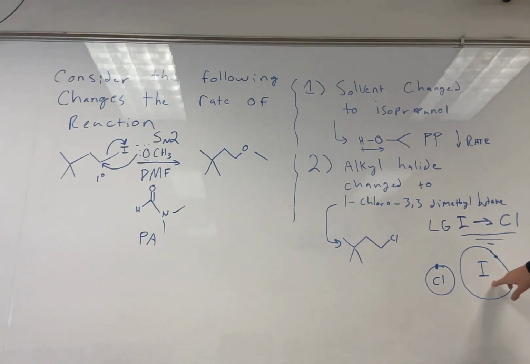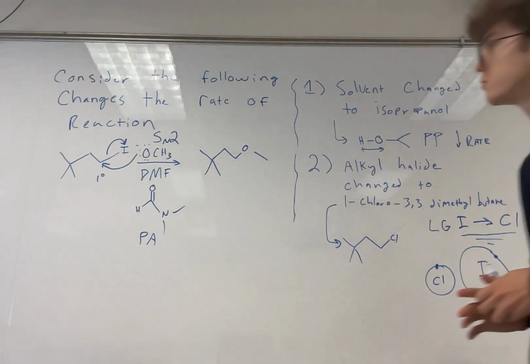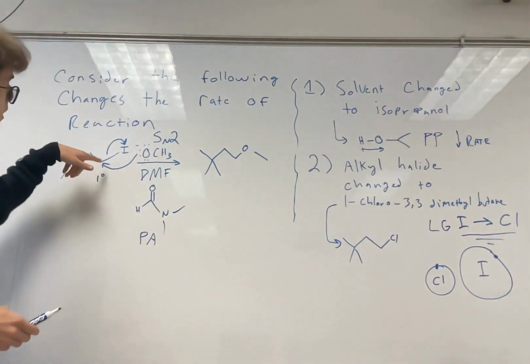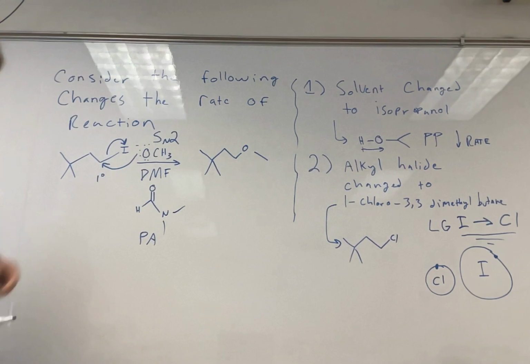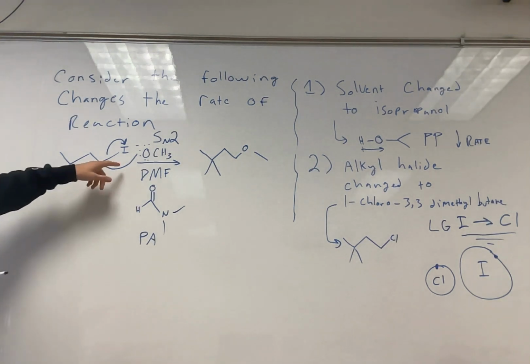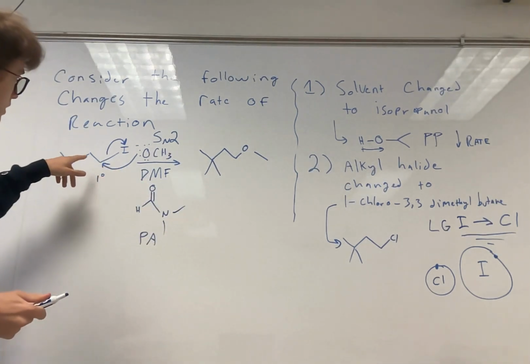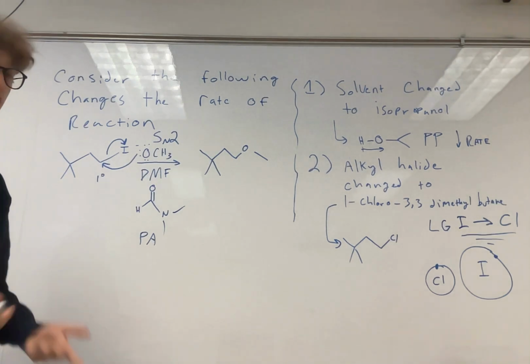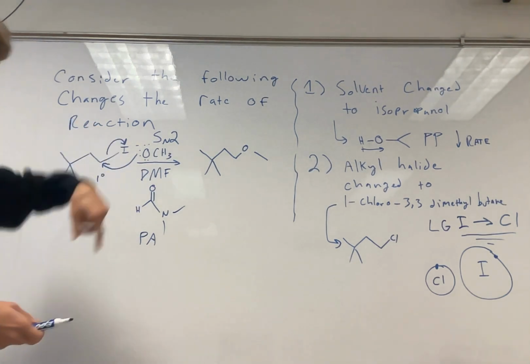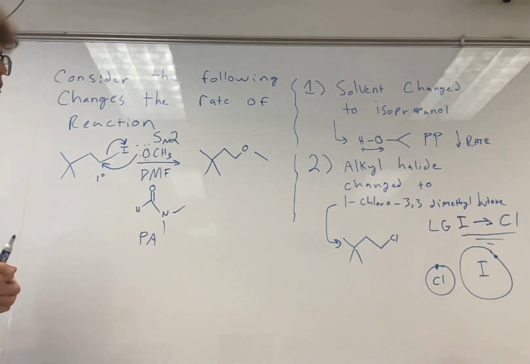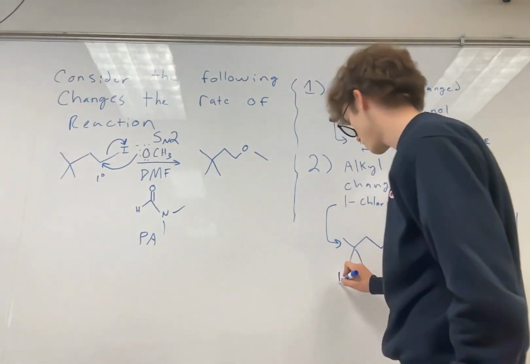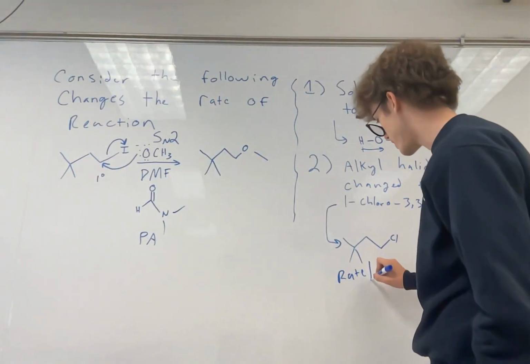Well, if iodide can be more stabilized holding that negative charge, that means that it's better to leave, right? Better than chlorine can. So if you use 1-chloro-3,3-dimethylbutane over the iodide one, it's going to decrease your rate of reaction because iodide's a better leaving group than chlorine is, right?